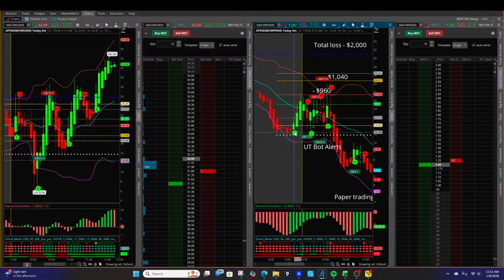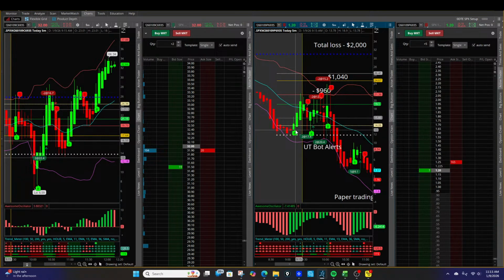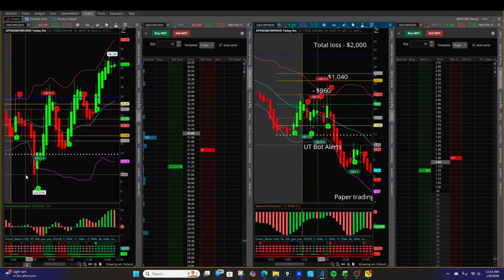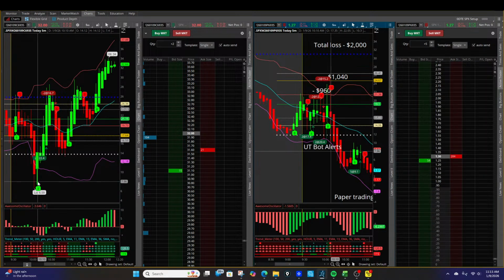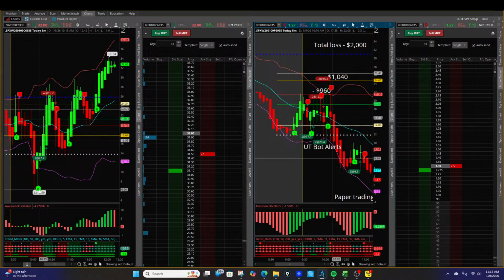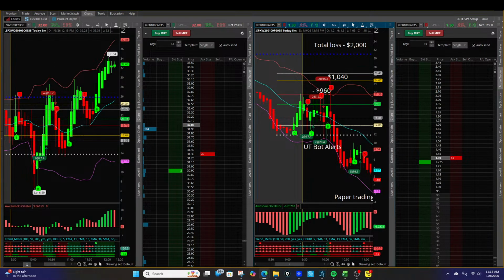Otherwise, you're not going to get the full impact. Certainly over here at calls, this buy signal at 10:15 was fresh, and it's just continued to go up and make higher highs and higher lows.